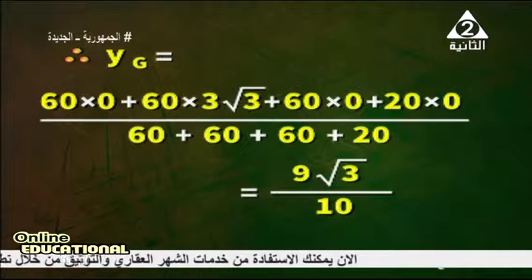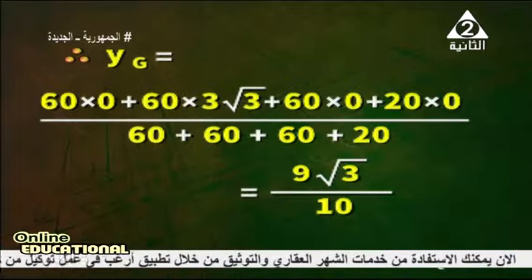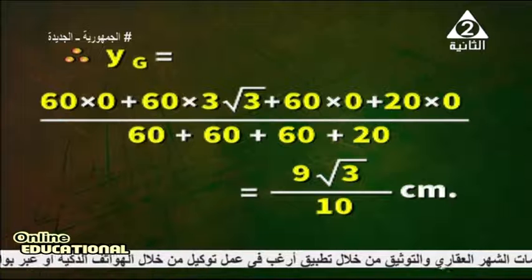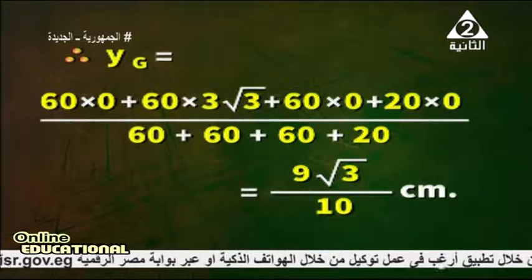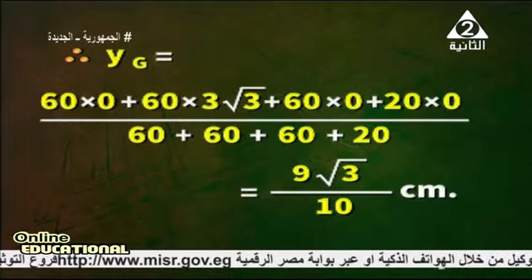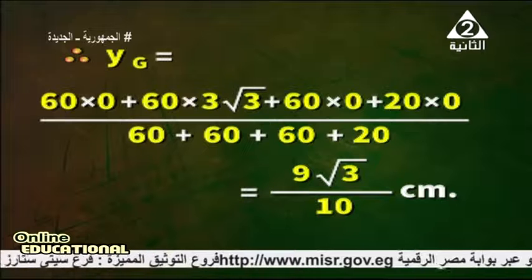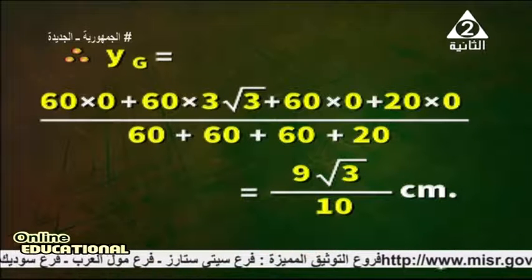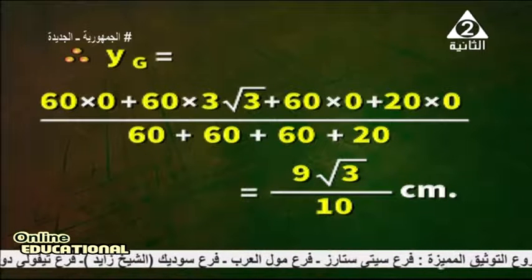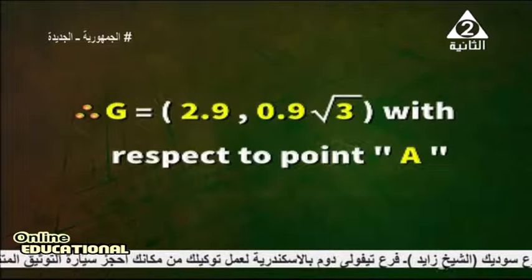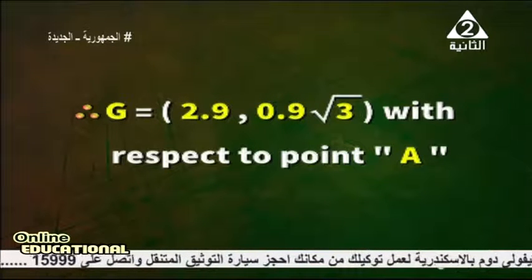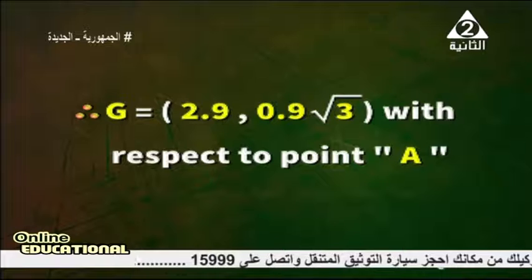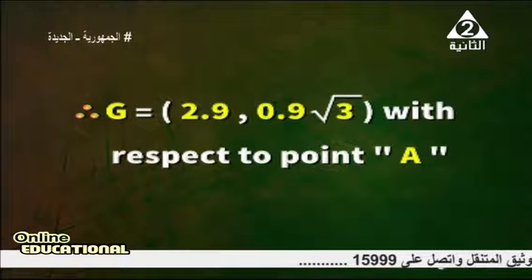The answer is 9 root 3 over 10 centimeter. This is the coordinate of yg. Remember, my dear student, this is the center of gravity of the system, 9 root 3 over 10 centimeter. It's called the center of gravity with respect to the point A.